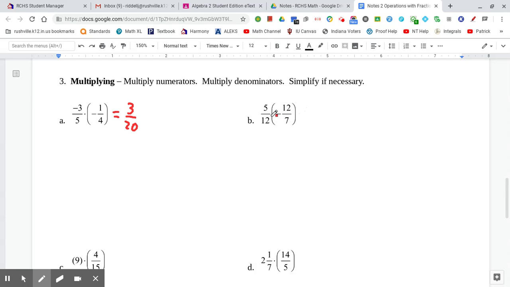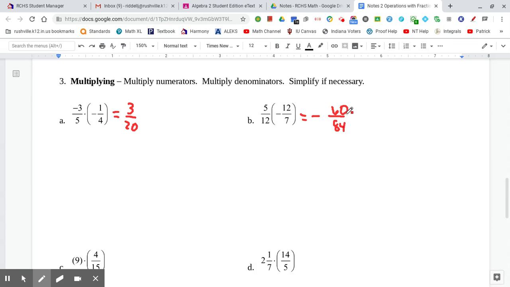Now for the next problem, we have a positive fraction times a negative fraction, so we know that this is going to give us a negative fraction for our answer. Now we can go ahead and just multiply straight away the tops and then the bottoms. So 5 times 12 would give us 60, and 12 times 7 would give us 84. So the answer would be -60/84, but both numerator and denominator are even numbers, so I know that it can be reduced.